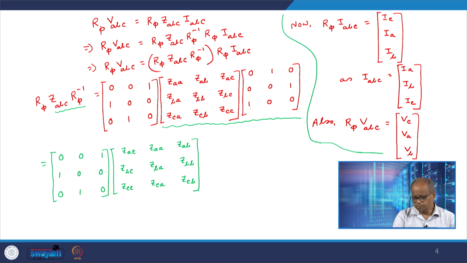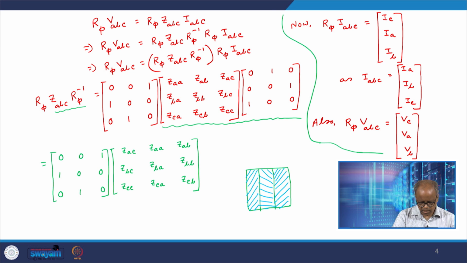If I wish to represent it pictorially, suppose I have a matrix like this, and let us say these are my columns, and this is also my third column.